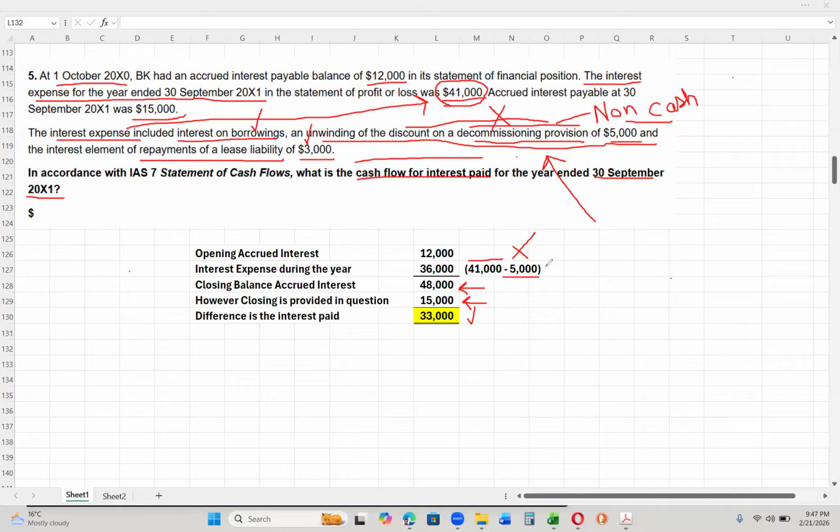Okay. You do not have to pay any cash for this one. So that's why we took it away. It's not that it's not included, it is included. We took it away. So the interest on borrowings is included, the interest on lease payment is included, and the decommissioning is also included. So we took it away because it was not related to cash flows. I hope it makes sense. It's only about reading the question carefully.